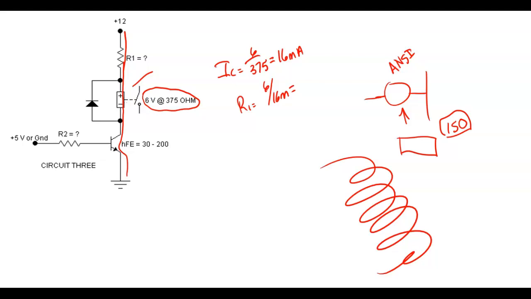This is the only symbol I had in my schematic drawing software package, which is not a battery. What's the symbol for a battery? This is the symbol of a DC voltage source. So is that okay? That makes sense. So that's the relay coil.